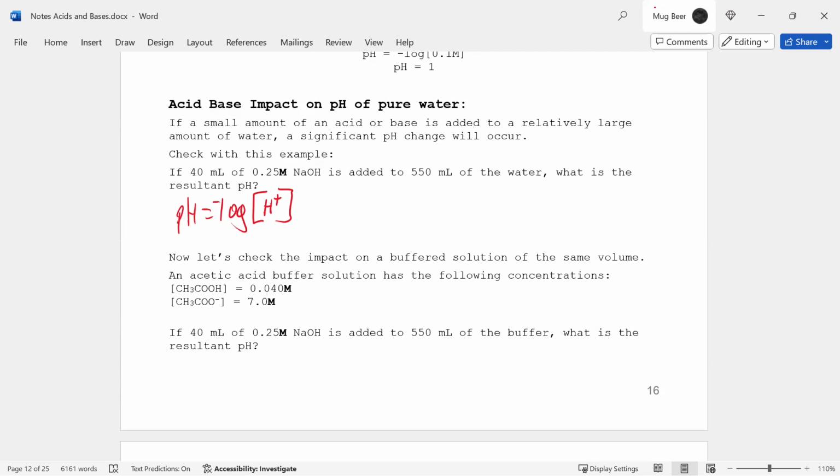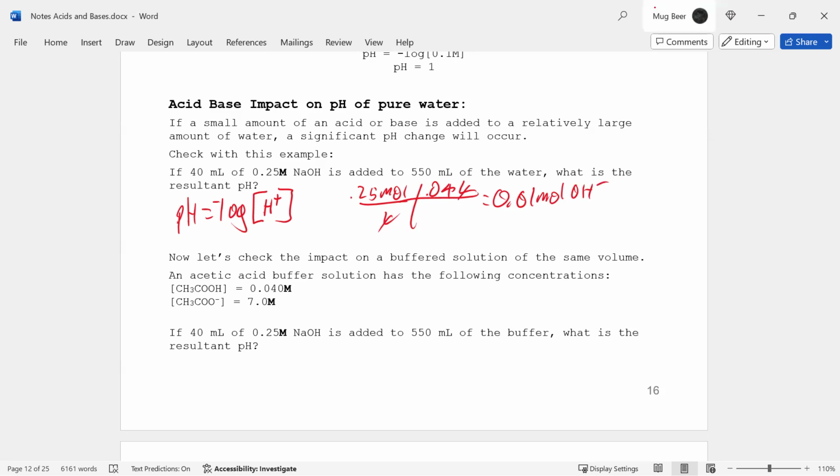The first thing I'm going to want to do is 0.25 moles per liter, and I've got 0.04 liters. That's 40 milliliters. So that's going to be 0.01 moles of OH negative.